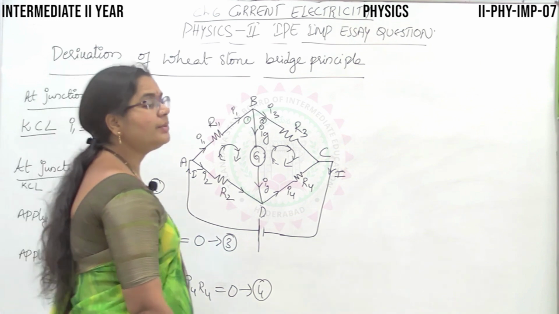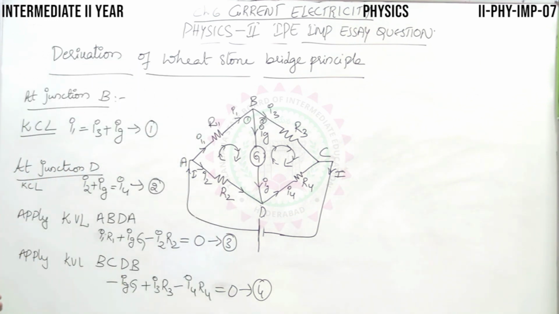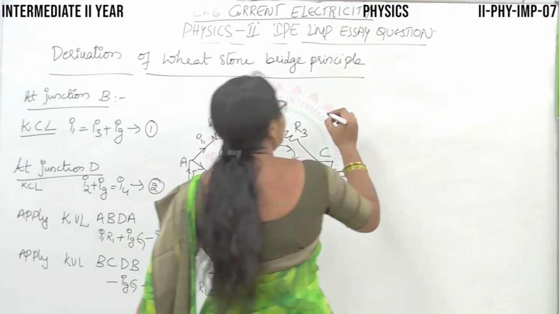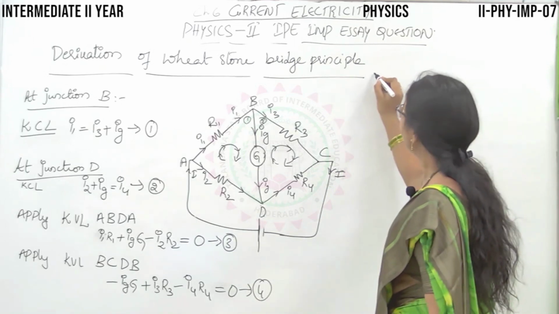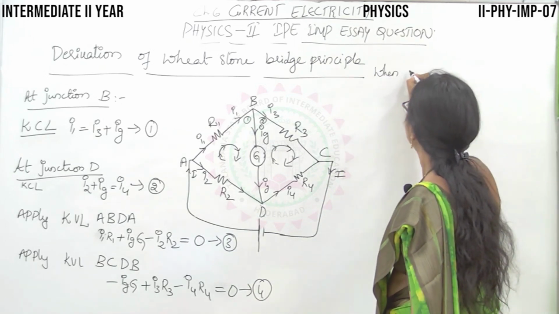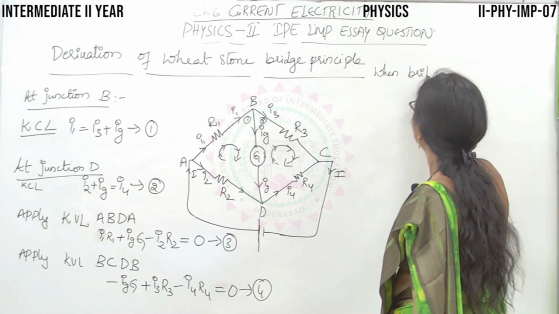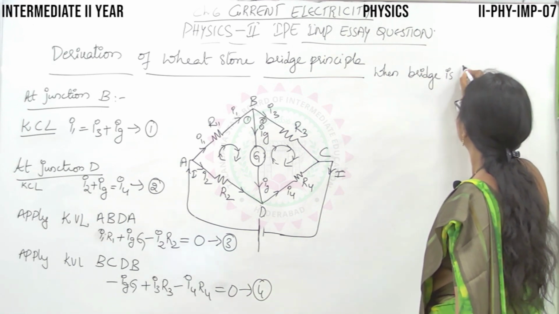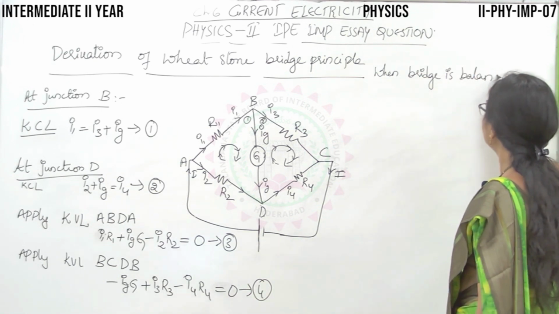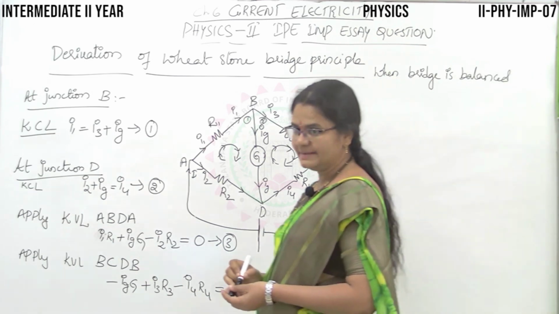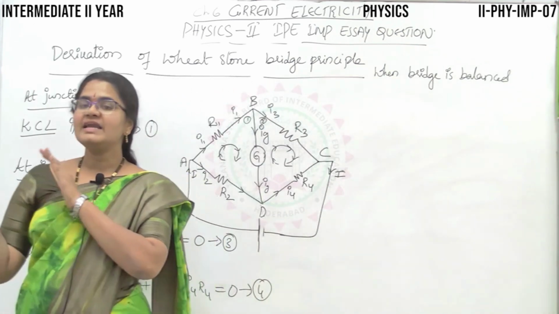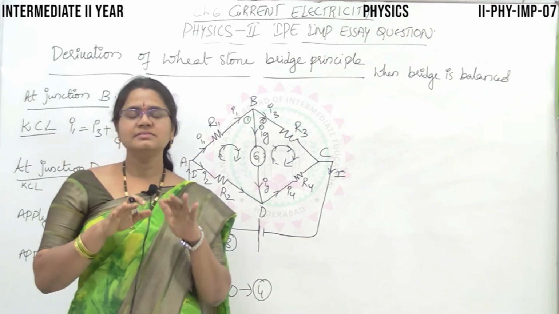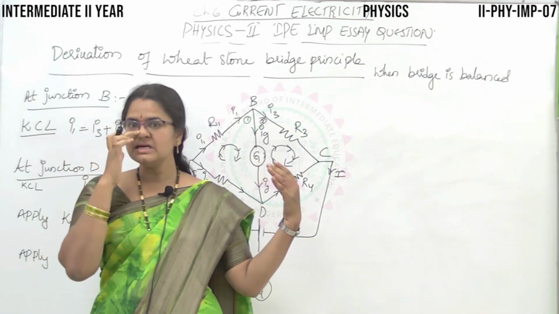Right, so we do have 4 equations now. In a balanced condition, when the bridge is balanced, the total current coming into the bridge is equal to the total current leaving the bridge.